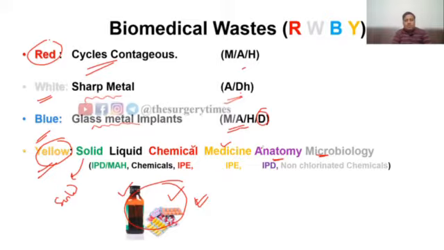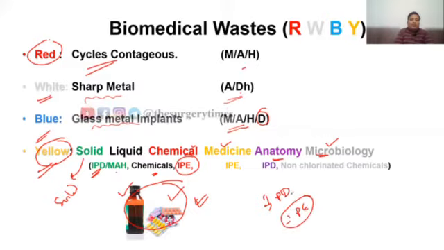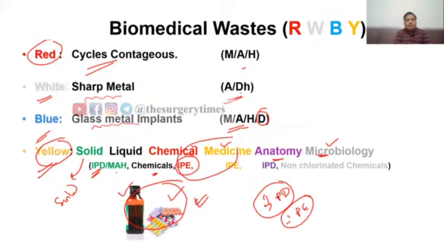In this photo, everything is there, then your first year subjects, anatomy. How will you degrade all these bags? Soiled bags by IPD, chemical by IP and IPP, and medicine. Whereas liquid and microbiology are non-fluorinated chemicals. We will discuss one by one. Just keep this photo in front of your eyes before going to the exam also, so that you can remember easily.